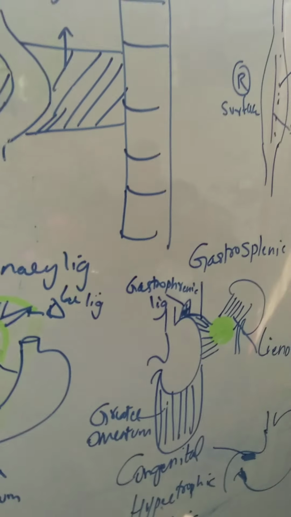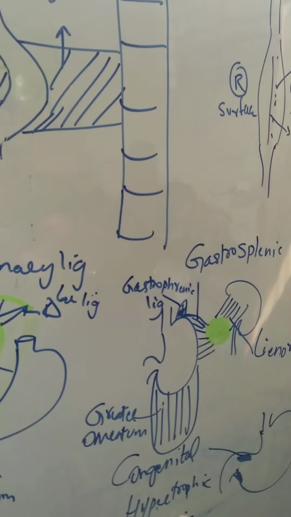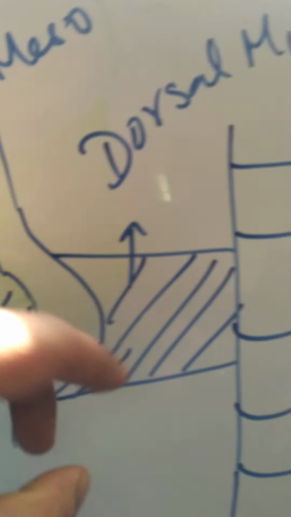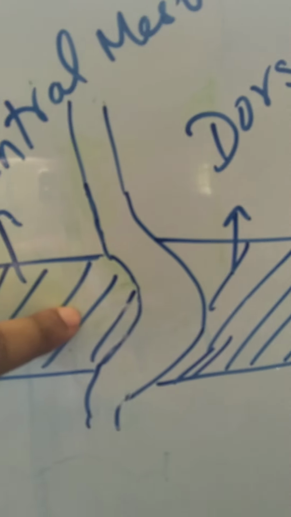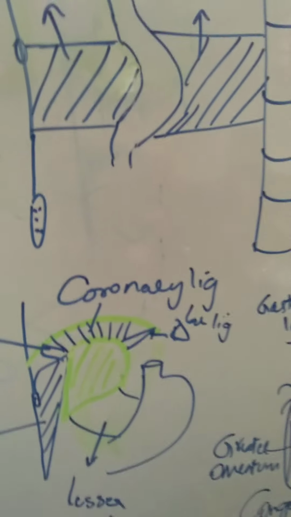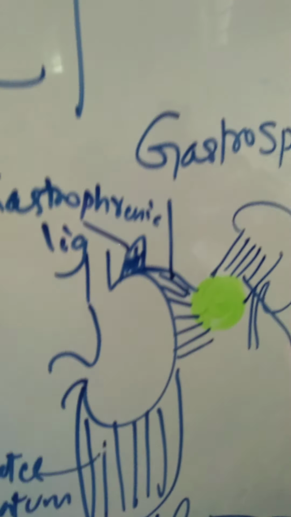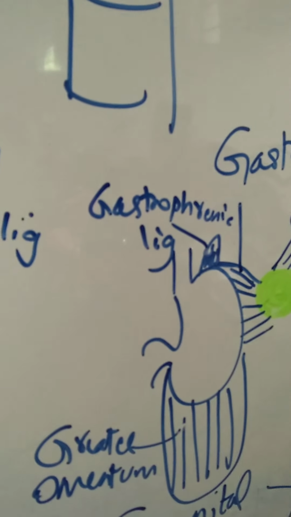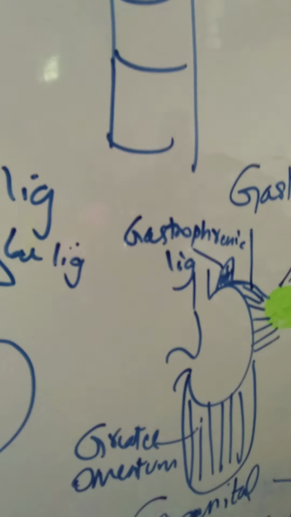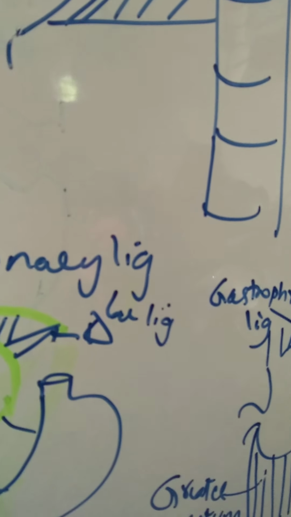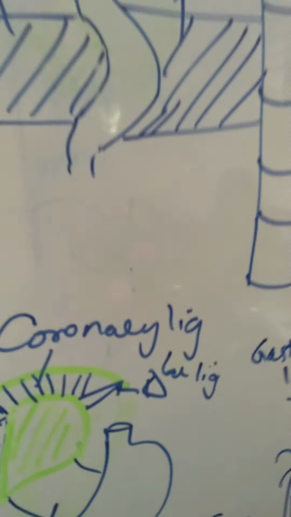The second reason is the rapid growth of the dorsal mesogastrium. So when the dorsal border and the dorsal mesogastrium undergo rapid growth, the ventral border doesn't grow that much. So there will again be a tractional force shifting it, and therefore there is a formation of the greater omentum. Because of the tractional force, the peritoneum gets folded upon itself, resulting in the greater omentum. Also, as I already told you, there is an active growth process called differential growth rate.